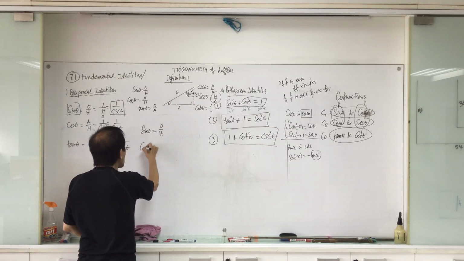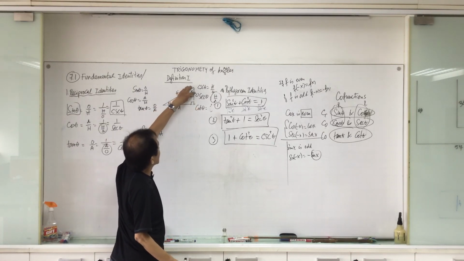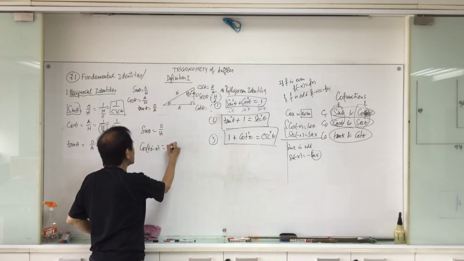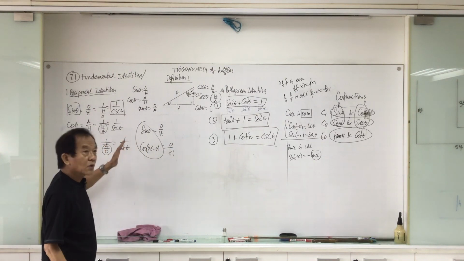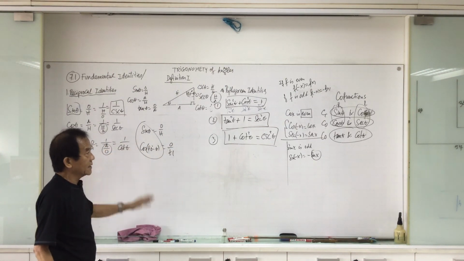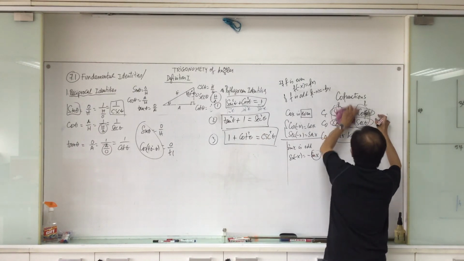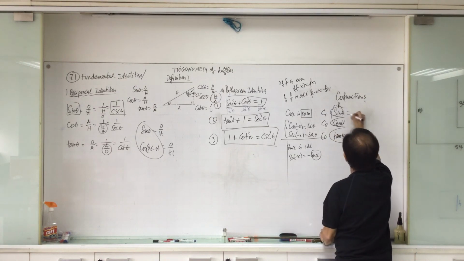So now how about cosine of 90 degrees minus theta? Sine theta equals this over this. Cosine of this angle here equals the adjacent of that angle over the hypotenuse. So equals opposite over hypotenuse. So they are the same. Sine theta equals cosine of 90 minus theta. So now to make sense of what the cofunction means, sine theta equals cosine of pi over 2 minus theta.